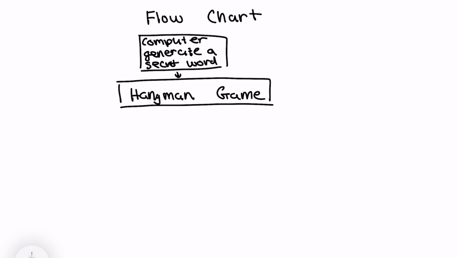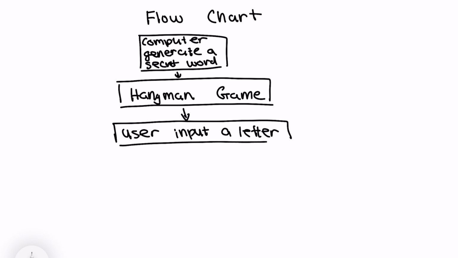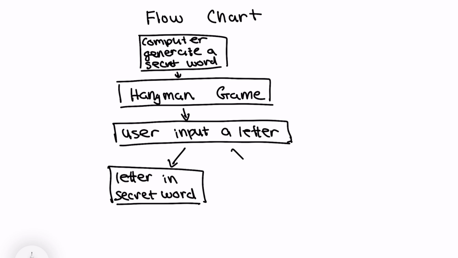It gives it to the Hangman game, and then Hangman asks the user to input a letter. This is going to be a guess. So the user is guessing a letter, and it's either in the word or it's not in the word. So there are 2 scenarios for the input: the letter is in the secret word, or the letter is not in the secret word.